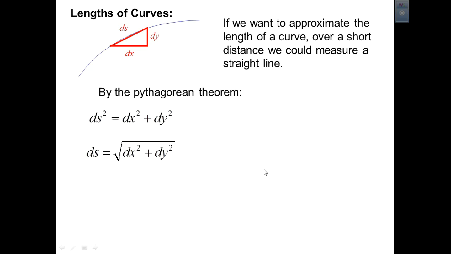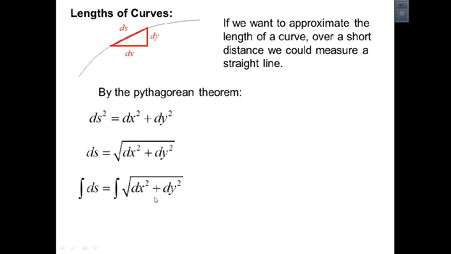Now we could go ahead and do some algebra on this, and we could integrate both. And if we integrate over here, then we're going to get just s. If we integrate over here, well, we're not actually going to integrate there.